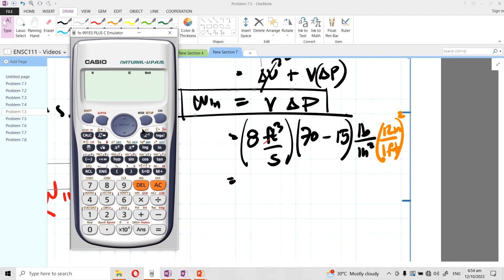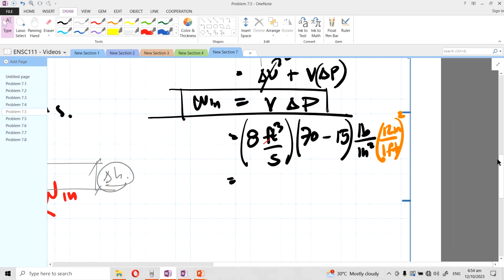We have 8 times 70 minus 15 times 12 squared, or 144, is equal to 63,360 foot pound per second.